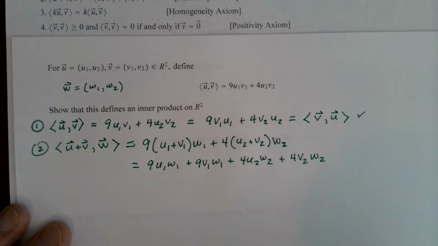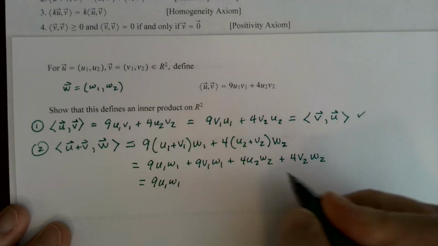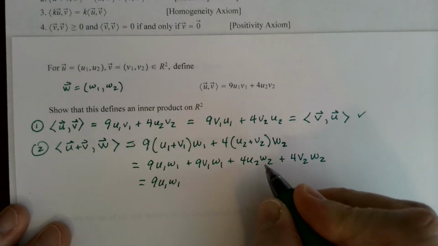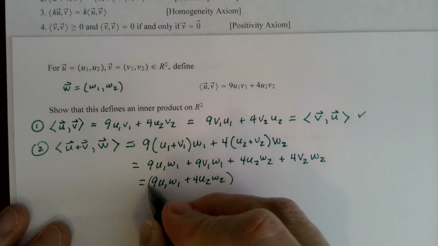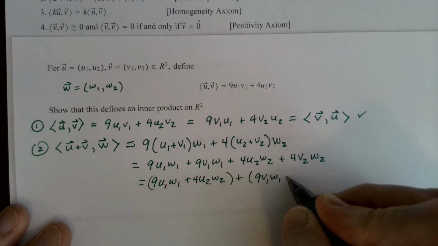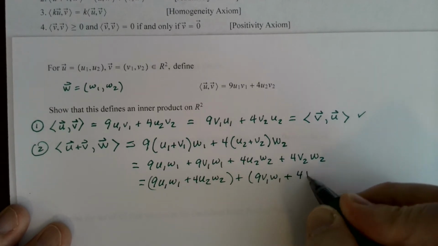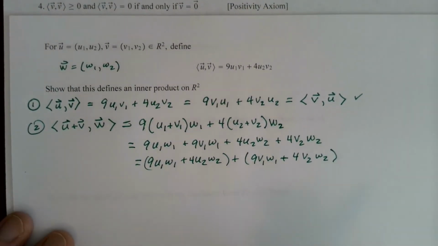Then I'm going to regroup. This will be 9u1w1, and I'm going to pull in the 4u2w2. I'm going to group those guys together. And then I'm going to group the other two, 9v1w1 plus 4v2w2.